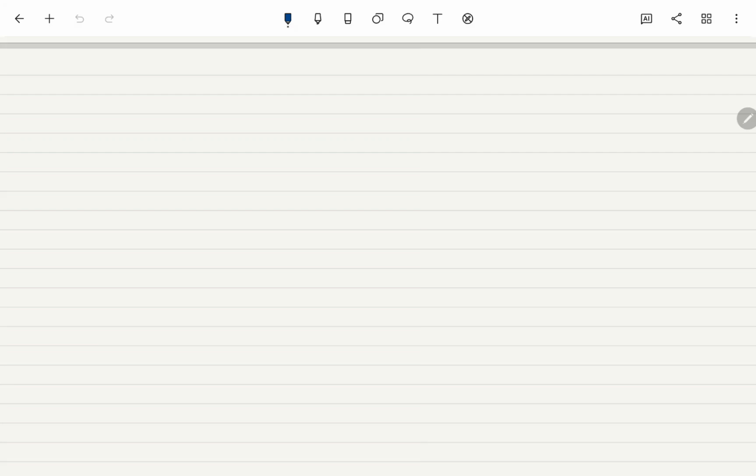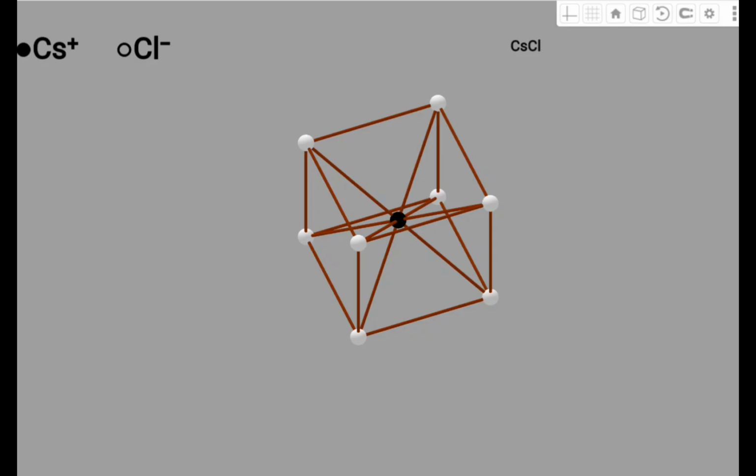Now let's have some real examples on cubic systems. The first one is cesium chloride. Cesium chloride is a type of unit cell that is commonly mistaken as body-centered cubic, but in reality it's a simple cubic, because the one right in the middle is different from the ones in the corners.